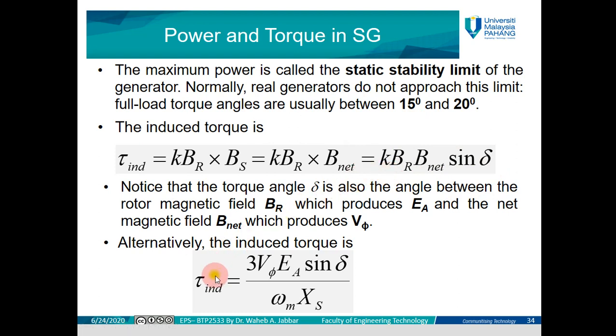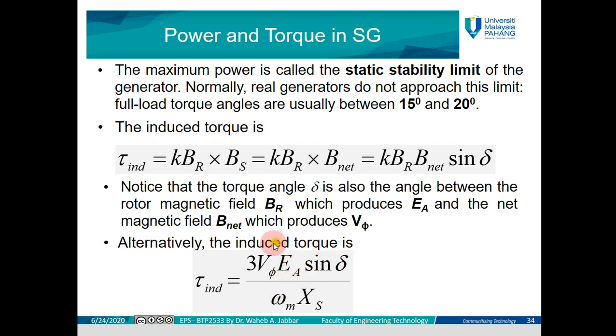This will be the form for calculating the induced torque. Actually, when we substitute for the value of the power, previously we said tau induced equals P converted over omega m.